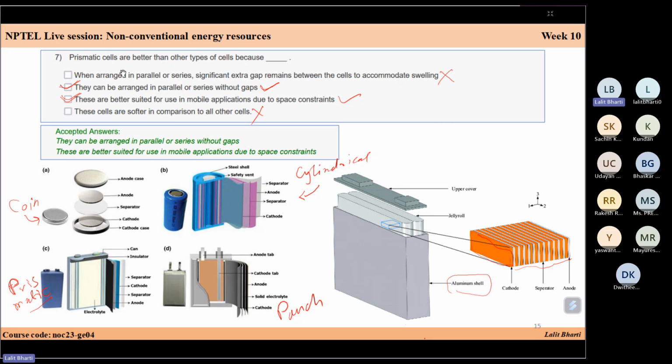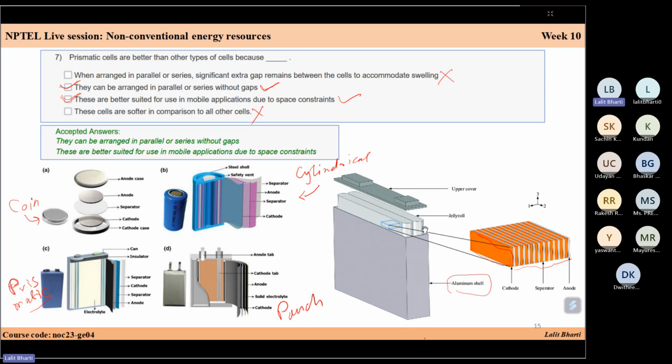So option 1 is it has significantly extra gap remaining between the cells to accommodate swelling. So that is not correct because they are very closely packed. And the second option is they can be arranged in parallel or series without gap. So yes, that is correct because that can be packed in different configurations, in series or parallel, closely packed, and they are suitable for mobile application due to space constraint.